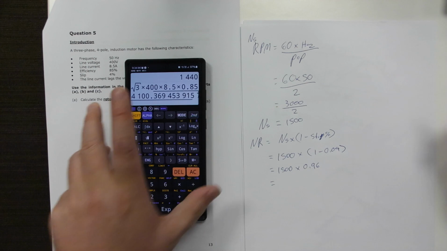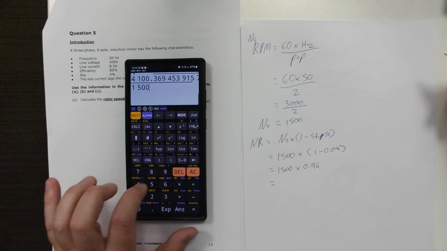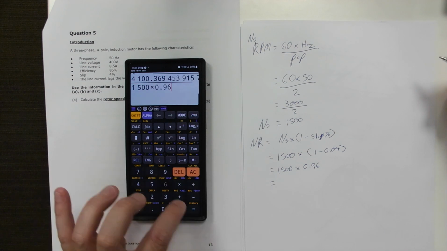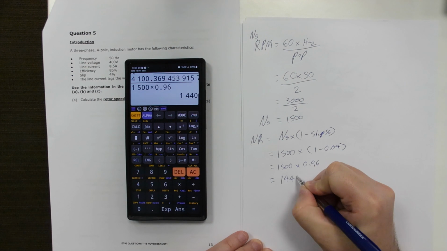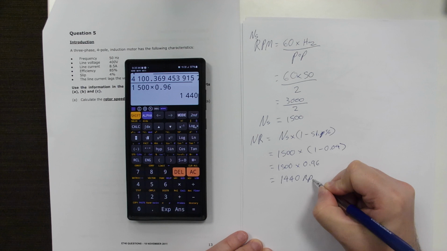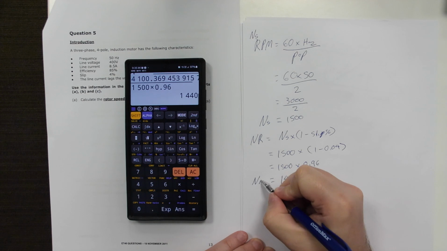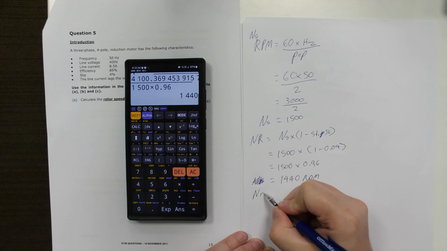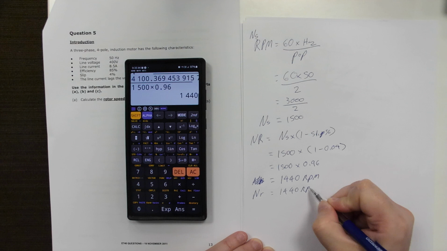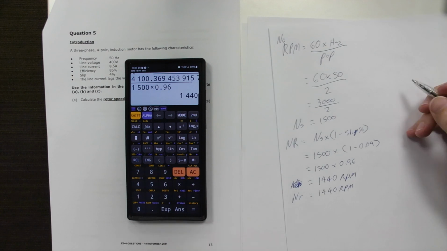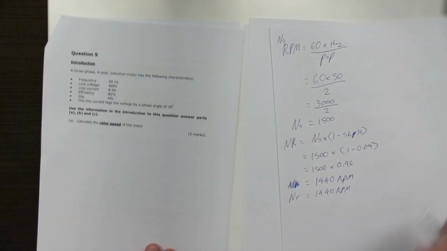Grab our calculator, 1,500 times 0.96, and we get 1440 RPM. So NR, sorry, bad handwriting. NR equals 1440 RPM. Moving on to the next part.